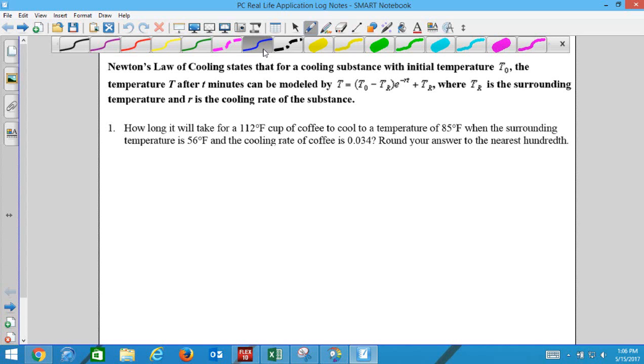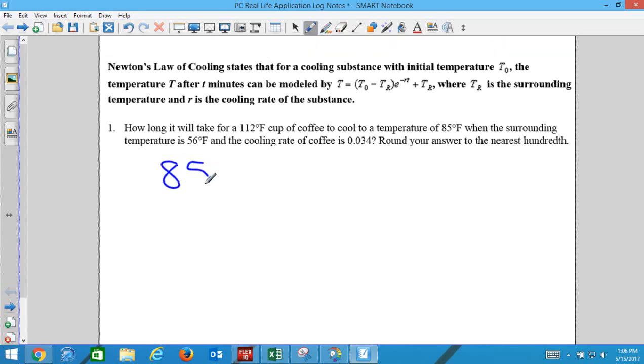Whoops. All right, so we are going to see how long it will take for a 112-degree cup of coffee to cool to a temperature of 85 degrees when the surrounding temperature is 56, and the cooling rate of coffee is 0.034. So we know the cooling rate, the original temperature, and the new temperature after time has passed; we just don't know the time. Let's plug everything in. The new temperature is 85 degrees.